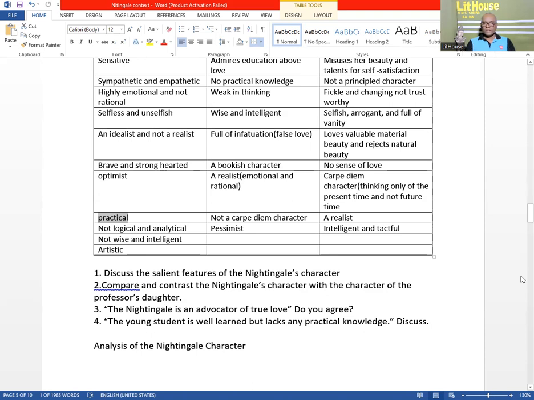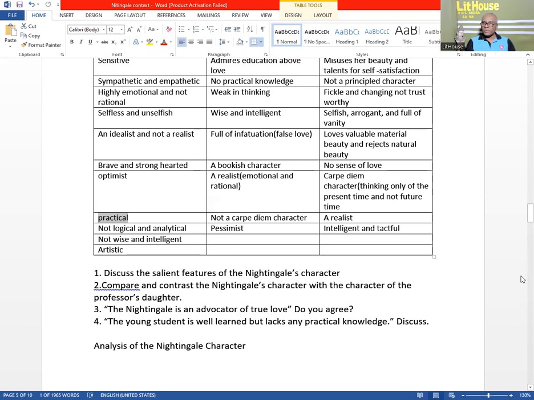Right? Now imagine you have no book to write. You have to be practical. You have to find out some other option, some other solution for writing.